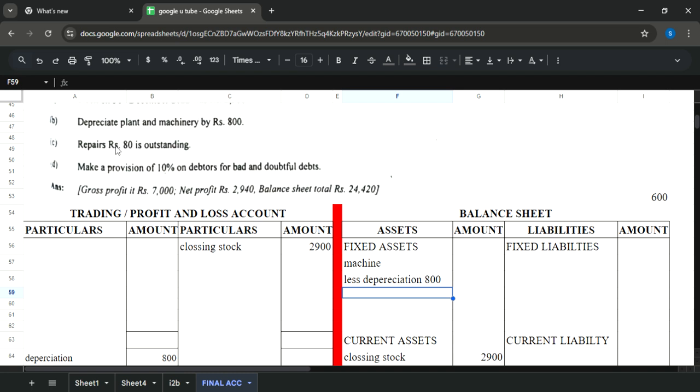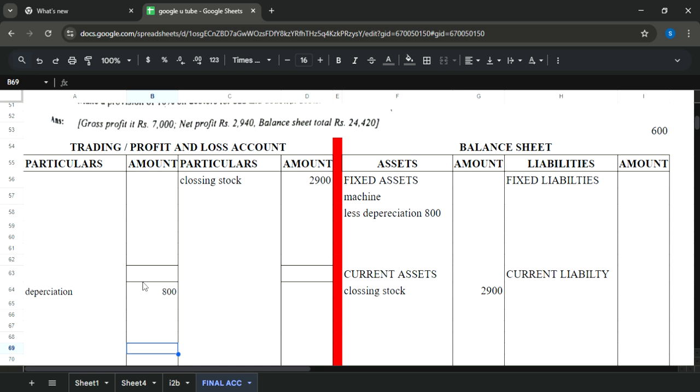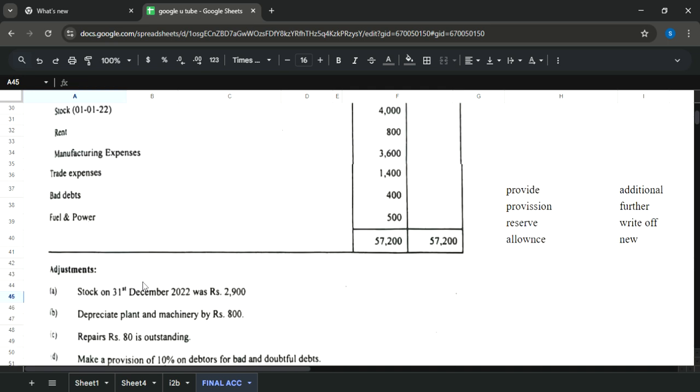Two adjustments are completed. Now third, outstanding. Repair is an expense, so it would be an outstanding expense. You will come over here in indirect expenses because repair is part of indirect expenses. We will write the actual amount of repairs. As you know, outstanding would be added first. How much outstanding is it? That is 80.